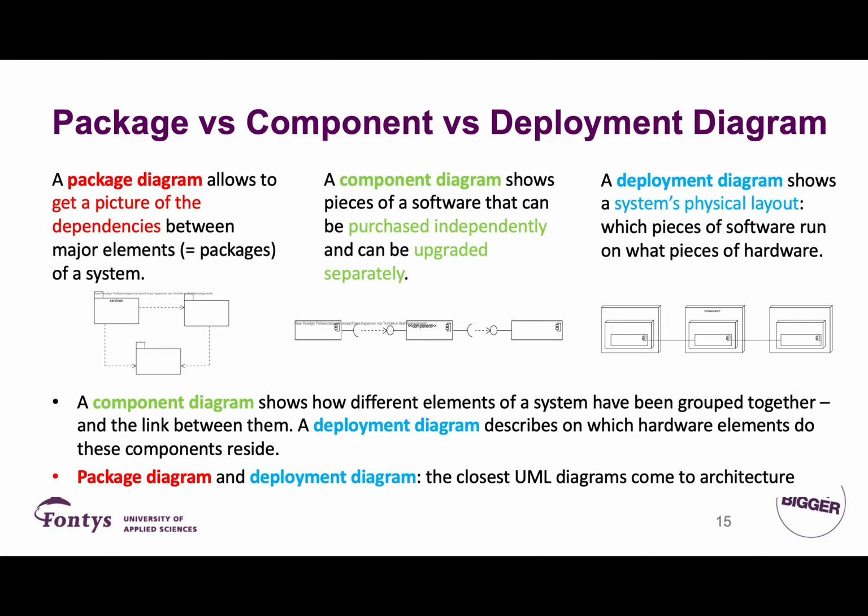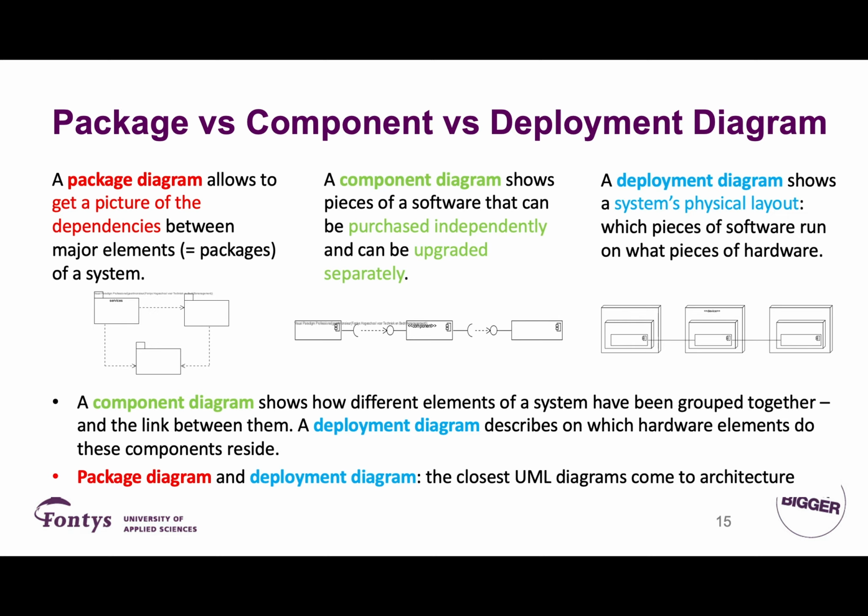The second one would be the component diagram. This shows pieces of software, and the main idea here is that these are independent pieces and they communicate through interfaces, remember, and the idea is that they can be upgraded separately. So you can upgrade and deploy them really separately.